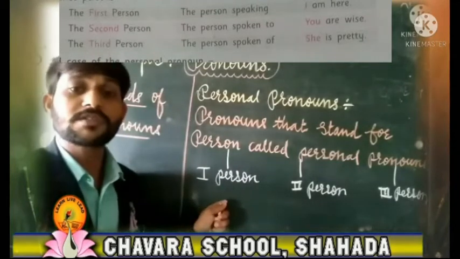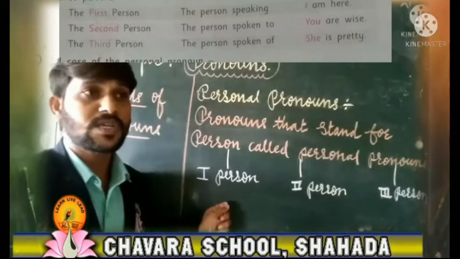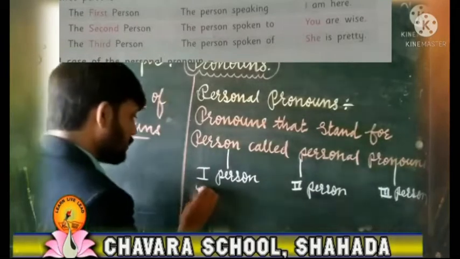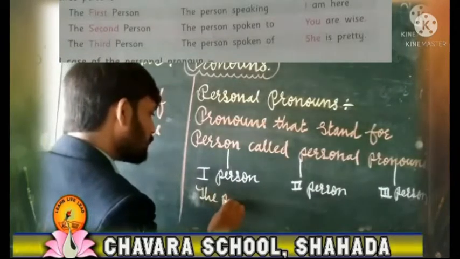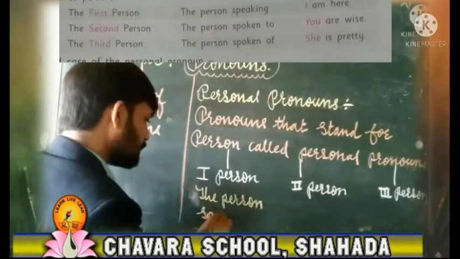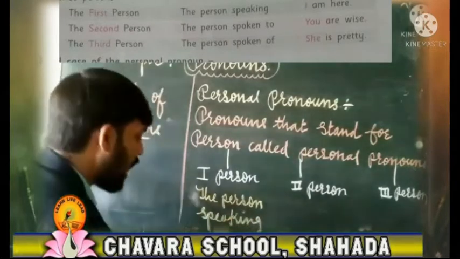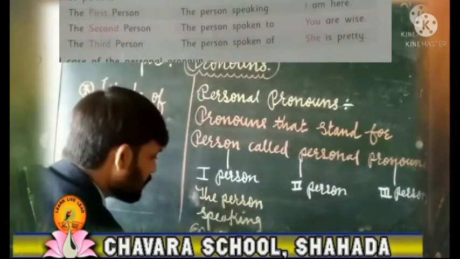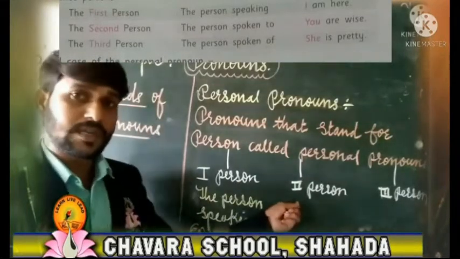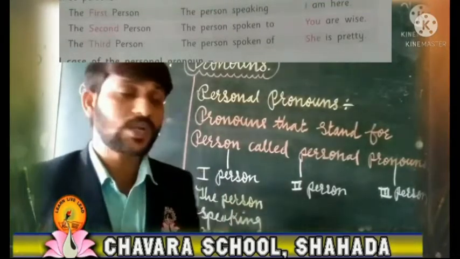The first person pronoun is the pronoun which denotes the person speaking. For example, I. Now what is meant by second person? Second person pronoun denotes the person spoken to.